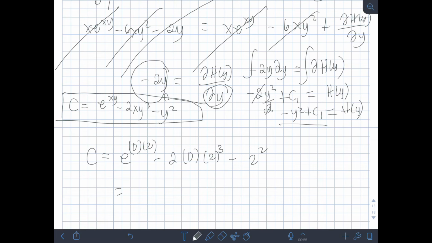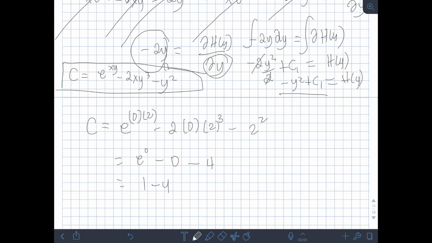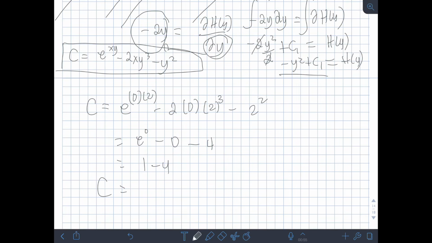So, we have e raised to 0 times 2, or e raised to 0, minus 2 times 0 times 2 cubed, which is simply 0, minus 2 squared, which is 4. So, e raised to 0 is 1, minus 4. We have c is equal to 1 minus 4, which is negative 3.